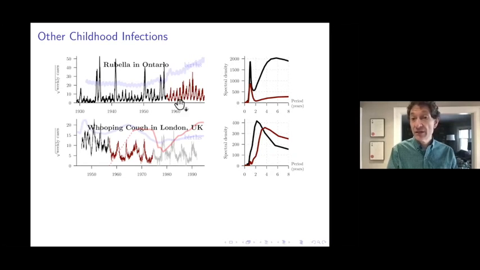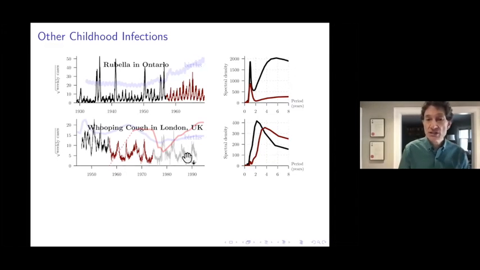And then later, coincidentally, when the birth rate rose, the dynamics change. And on the right-hand side here, I have marked the power spectrum in this early region in black and later in red. And we can see that early on, there was power at a much longer time scale. And then later, it's really only at the annual cycle.